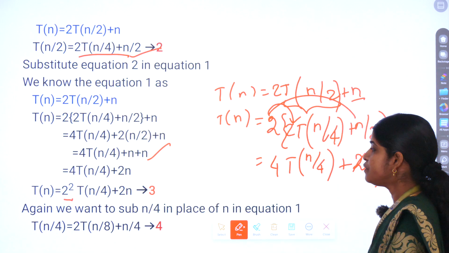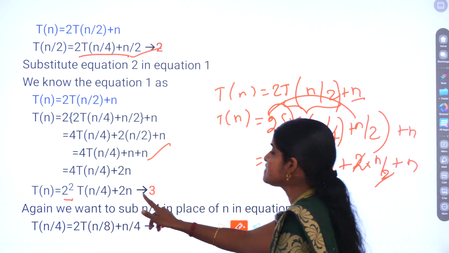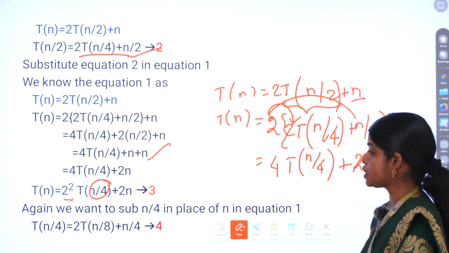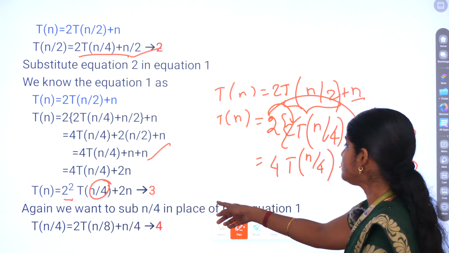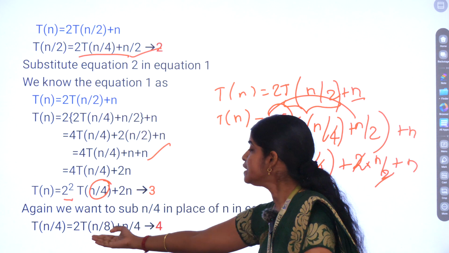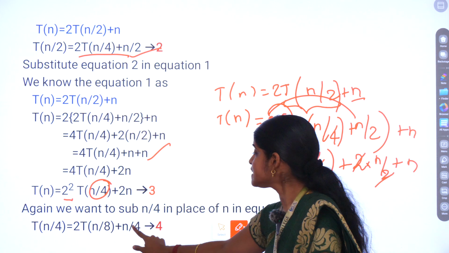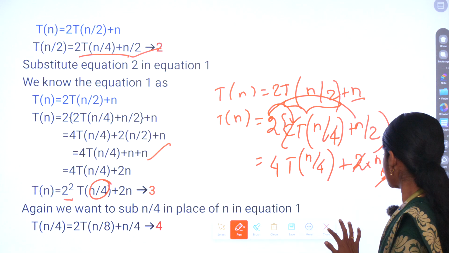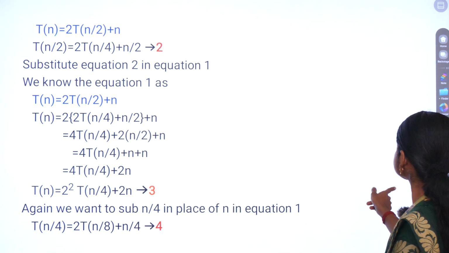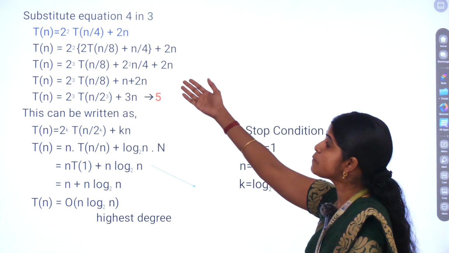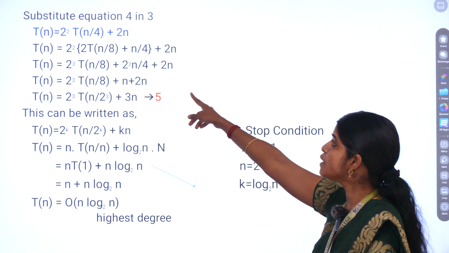Again we want to substitute this n by 4 in place of n in equation 1. So if we place it in equation 1, we will get the result as 2T of n by 8 plus n by 4. After that, we want to substitute the equation 4 in equation 3.